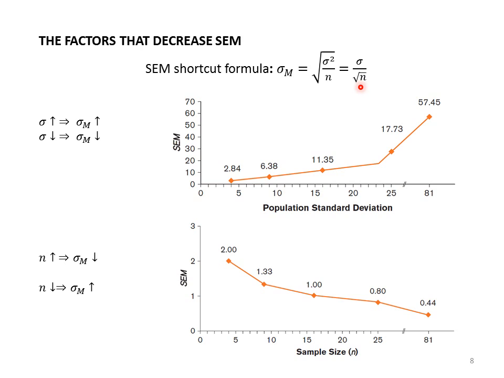The denominator, the square root of the sample size, and the standard error are negatively related, which means when one goes up, the other one goes down. When the sample size gets bigger, the standard error gets smaller. When the sample size gets smaller, the standard error gets bigger.